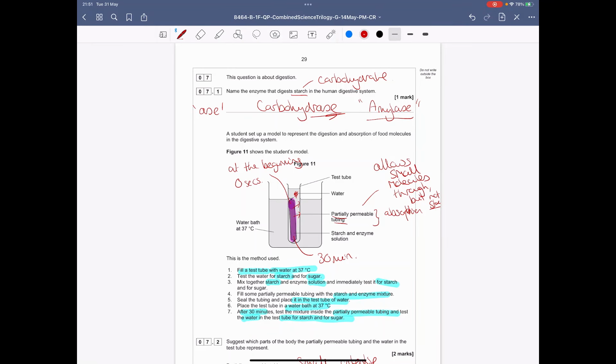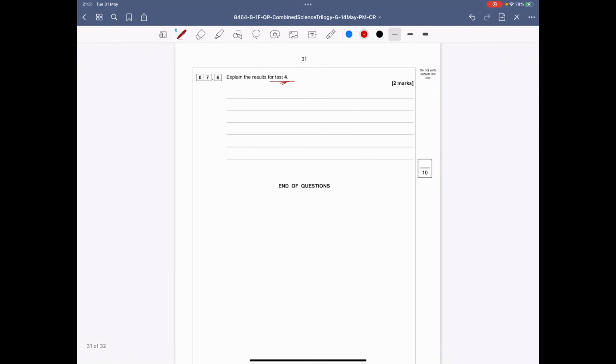Okay, so we can link that into our question now. So why was there glucose? So we have glucose, but there is no starch. Well, that is simply because glucose is smaller and can diffuse, keyword, if substances travel by diffusion, can diffuse through the membrane.